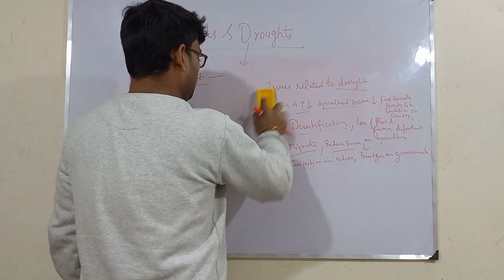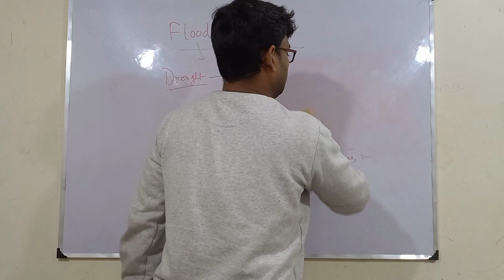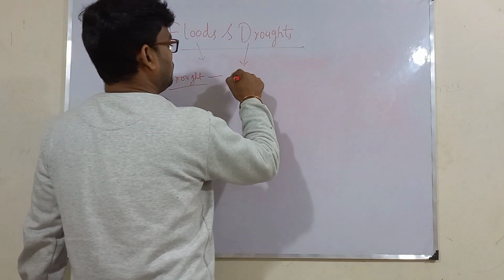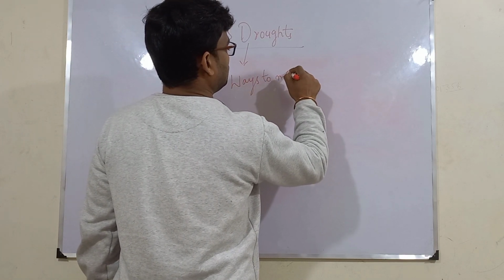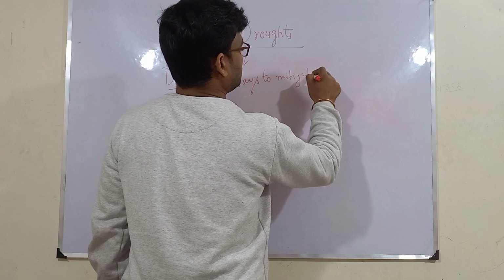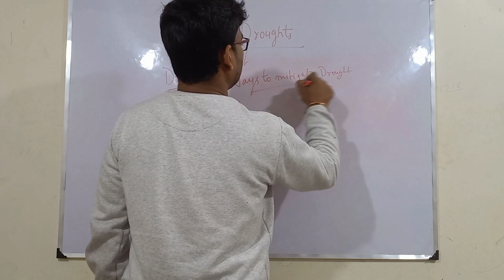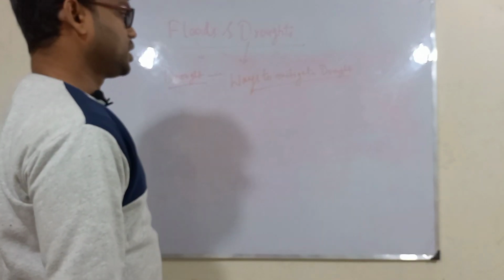And finally, we come to an end of this topic: ways to mitigate drought. How to overcome this problem of drought, or how we can mitigate the chances of drought.